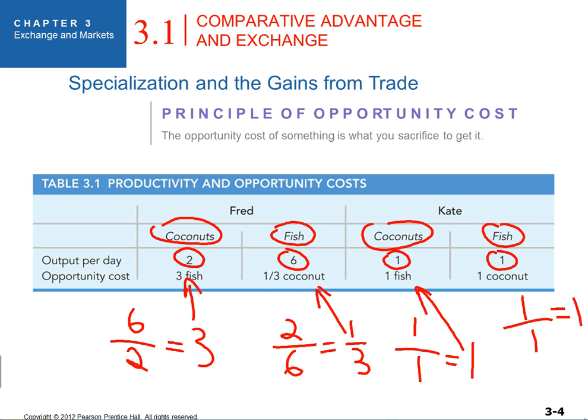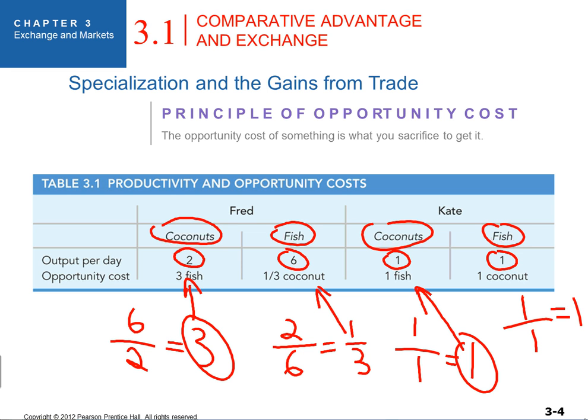Now take a look. It's kind of interesting. Their opportunity costs are different. Fred's opportunity cost of harvesting coconuts is 3. Kate's opportunity cost of harvesting a coconut is only 1.